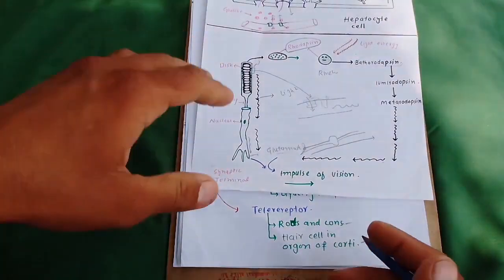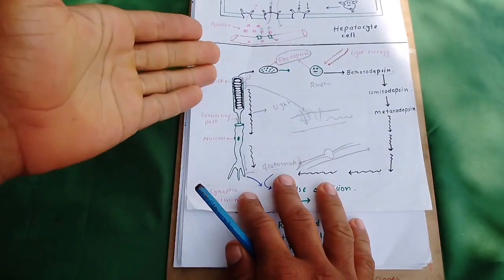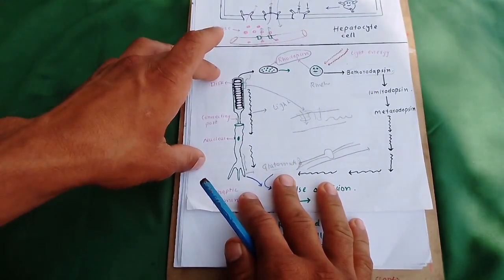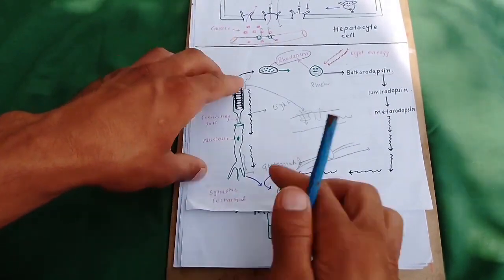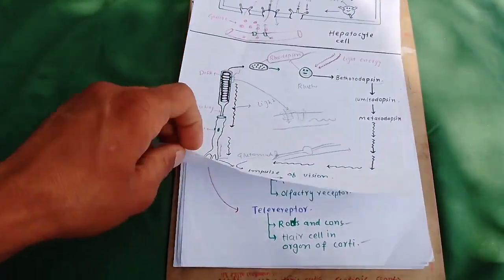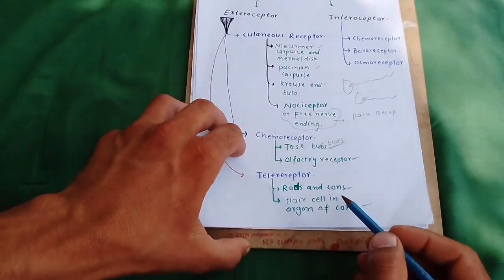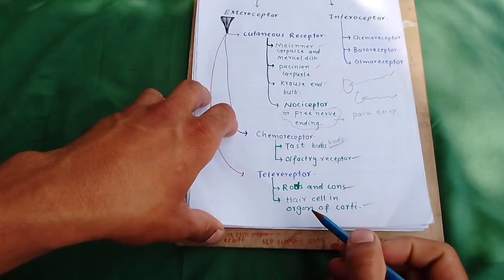So this is all about the rod and cone concept. The rod and cone are neuron cells, not the actual receptor, but rhodopsin is the receptor. This is only the concept for rhodopsin. So this concept is clear.